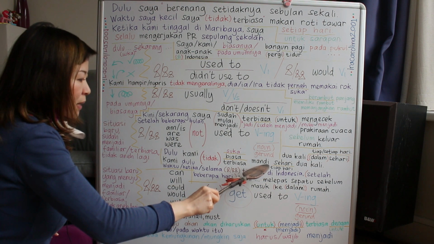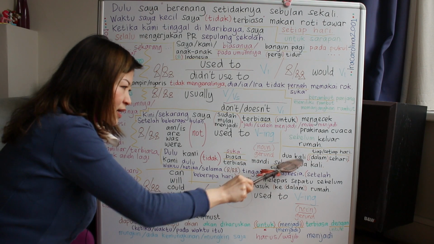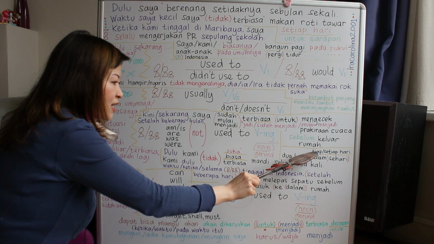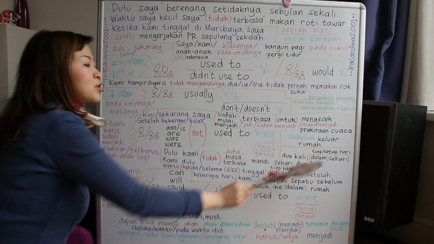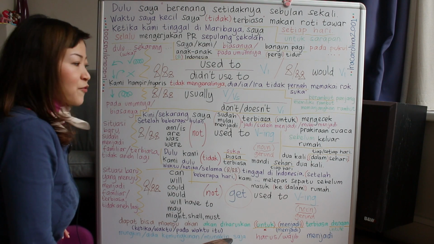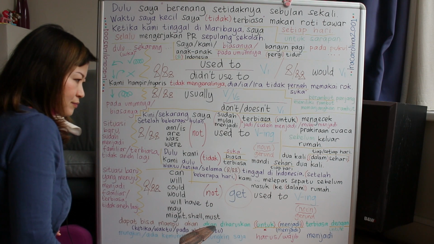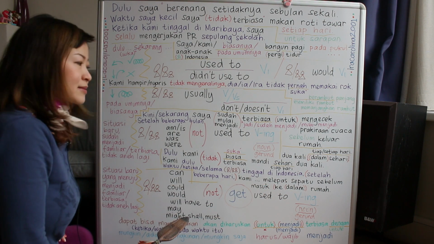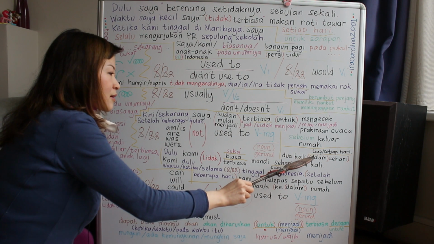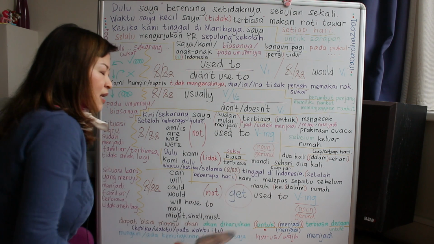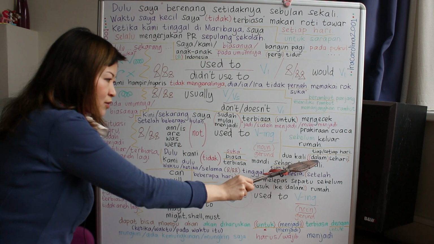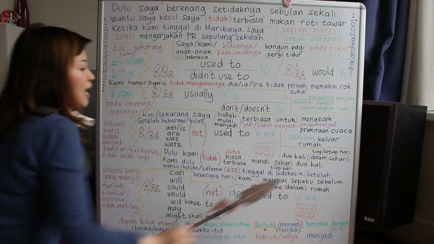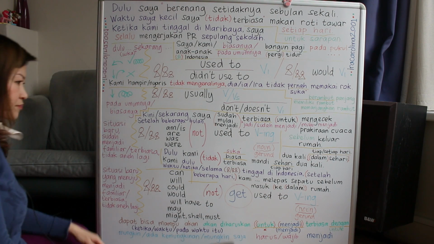So after the mandi, we put dua kali, two times, tiap, every, or setiap, every, hari. Yeah, there's so many possibilities. Dua kali, two times. You can use or you can skip dalam, in, sehari, a day, one day.